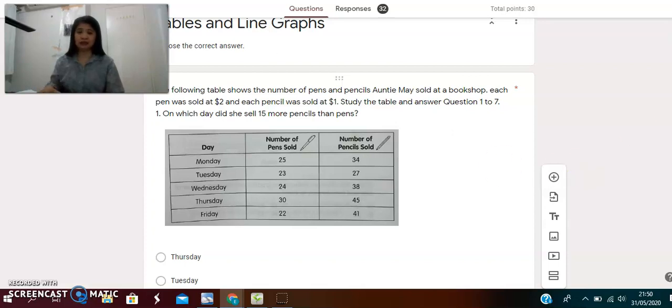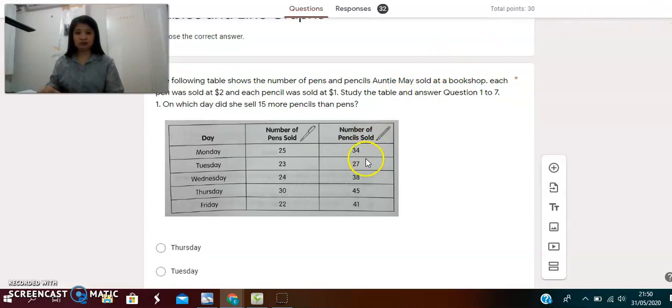Analyze the table, look at the values for pencils and pens, and try to find which one will give us the difference of 15. In this case, Thursday is the day wherein we can get the difference of 15. Why? Pencils sold on Thursday were 45, then pens sold on Thursday were 30. So 45 minus 30, the answer is 15. So that means it's on Thursday.